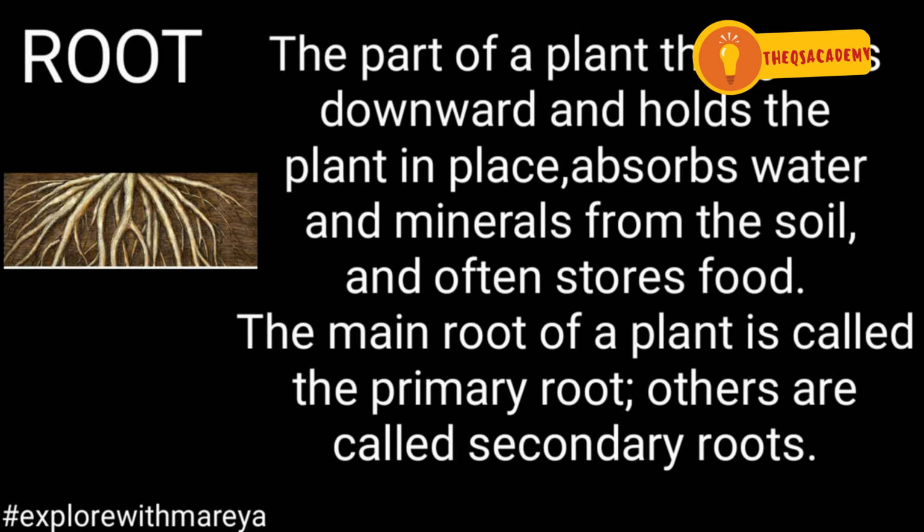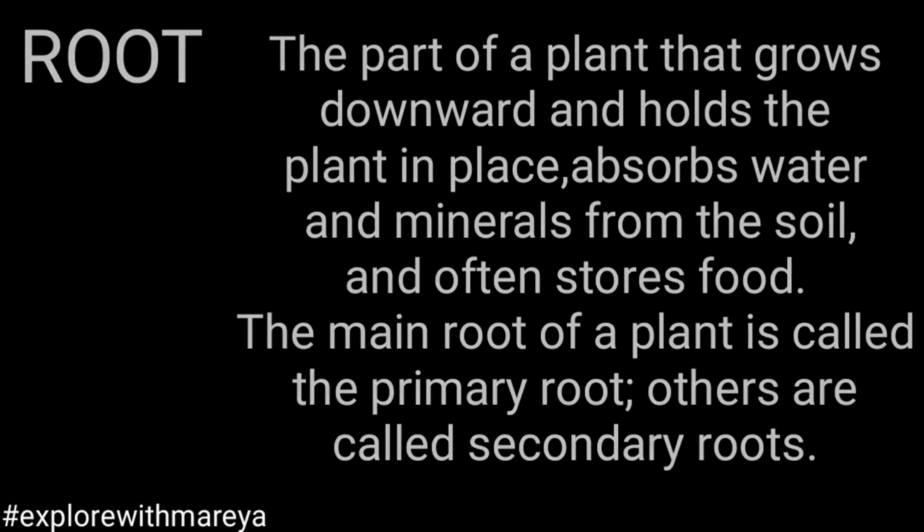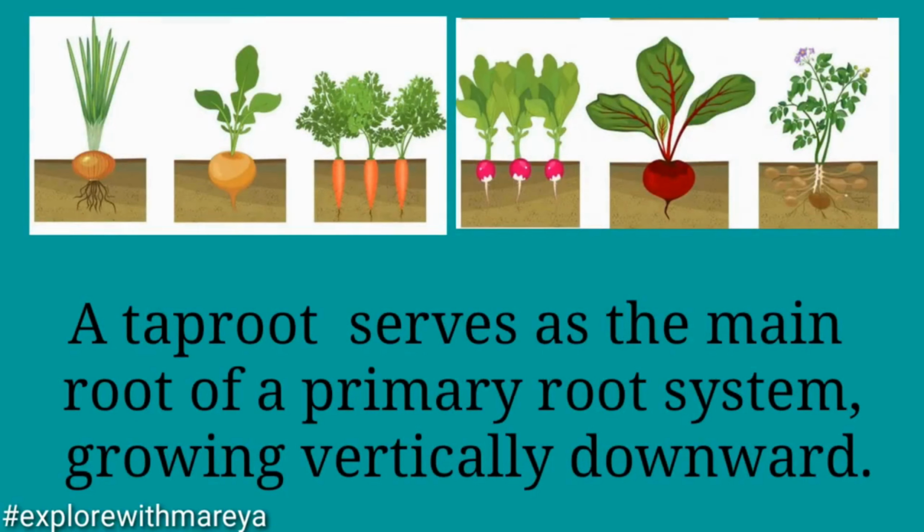Root, the part of a plant that grows downward and holds the plant in place, absorbs water and minerals from the soil, and often stores food. A taproot serves as the main root of a primary root system, growing vertically downward.